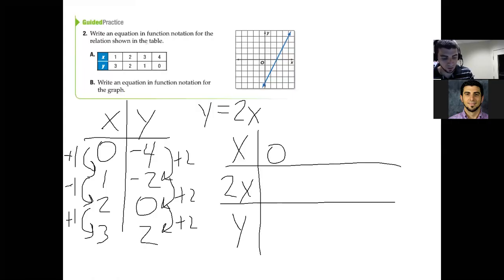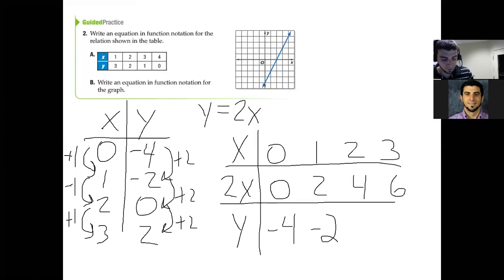Use the same x values, but 2x would give me 0, 2, 4, 6, but the actual y value is negative 4, negative 2, 0, 2. And hopefully from this, you can see that the y value is always 4 less than what 2x gives me. So I need to subtract 4 from the 2x.